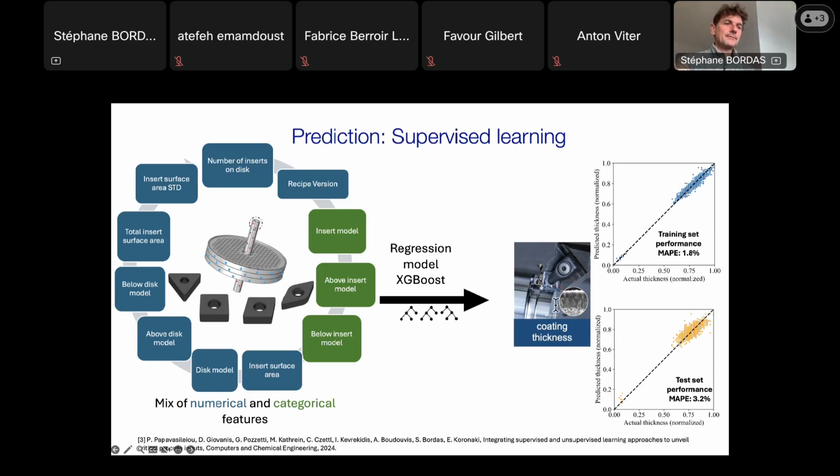So you see, then what you do is you say, okay, let's do a prediction. This is the normalized coating thickness that I'm showing here on the y-axis, top right figure, and the actual thickness normalized. And then you see if you are actually able to predict the actual thickness using your prediction. And similarly here, you can check if the actual thickness is working well or not in different cases.